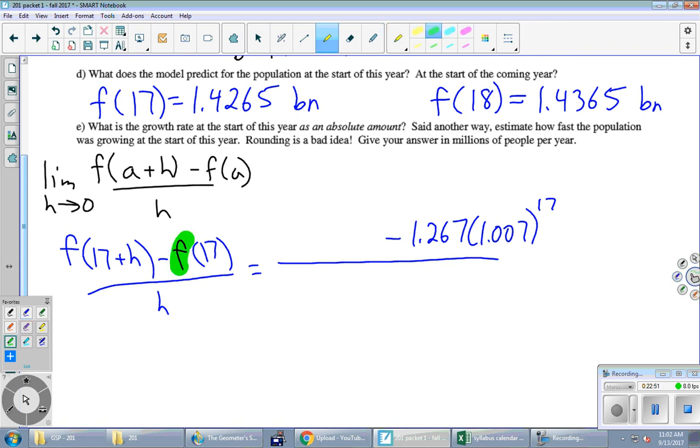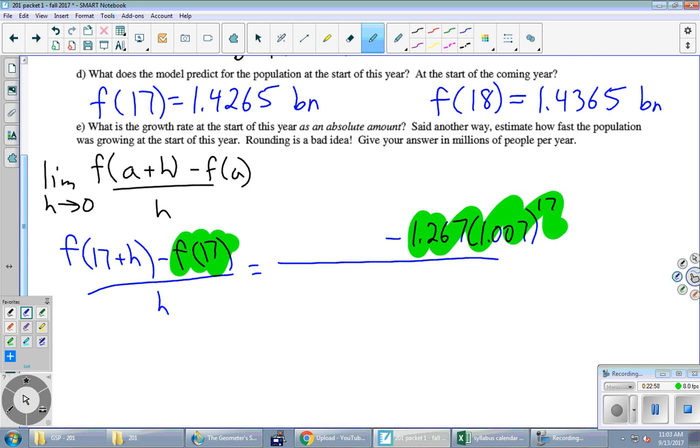I'll highlight so we can keep it straight. So that is that. And then f of 17 plus h, this is the tricky part. Some people would say, oh, f of 17 plus h, that's just this thing that I wrote down plus h. It's not, don't write that. It's never that. What f of 17 plus h means is that we are replacing the t with 17 plus h.